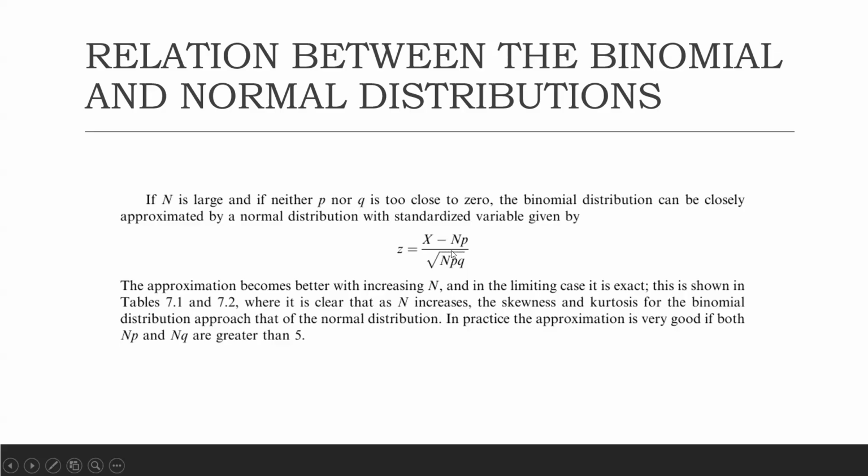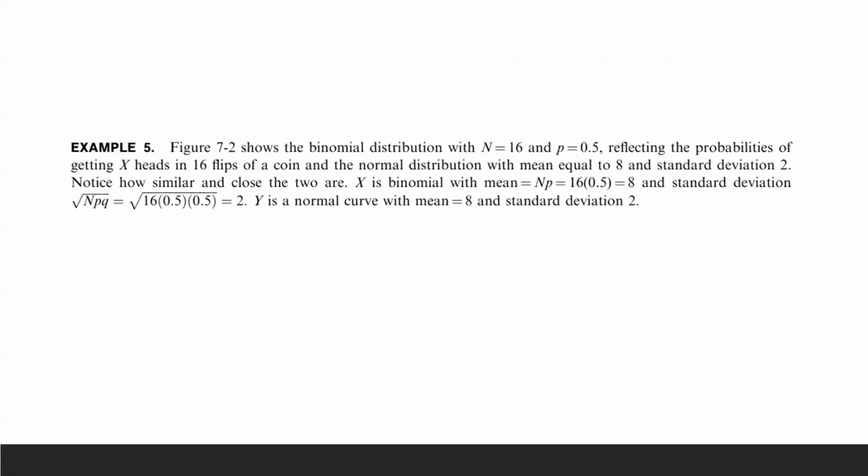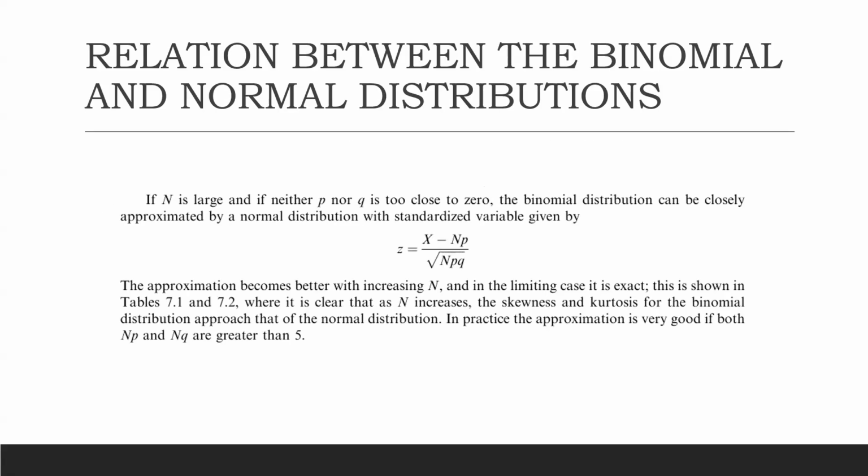I think you all remember those concepts: x minus np is the mean value, and the square root of npq is the standard deviation. Here you can write this one down also.